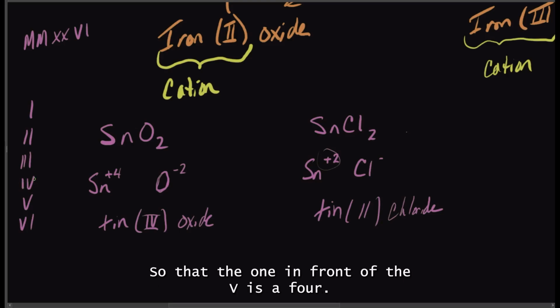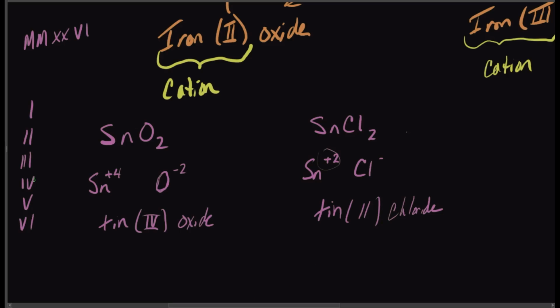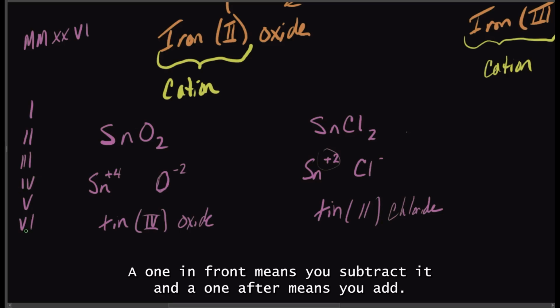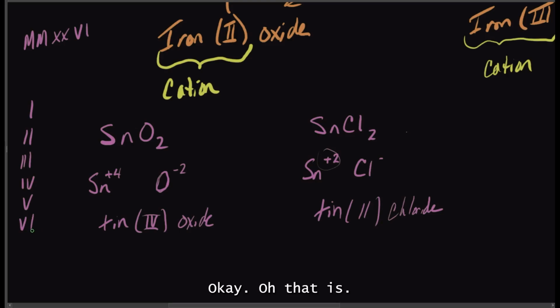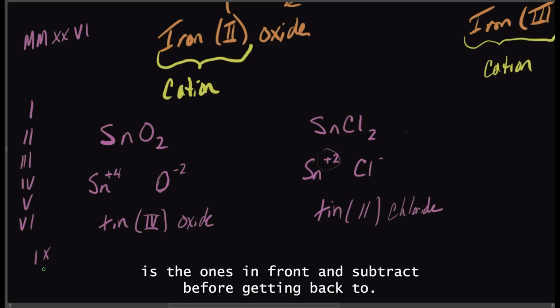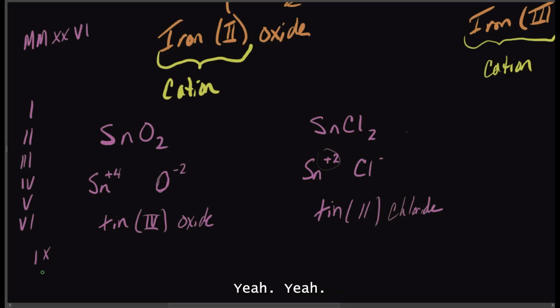So the 1 in front of the V is a 4. V is 5. A 1 in front means you subtract it, and a 1 after means you add. And so that would be 9. X is 10. With the ones in front, you subtract. With the ones in back, you add.